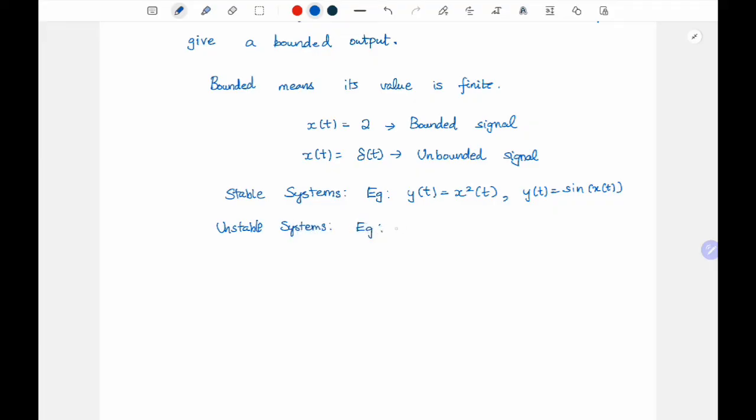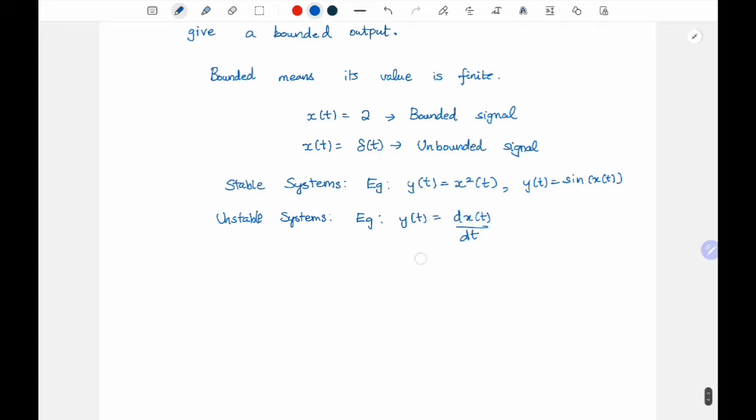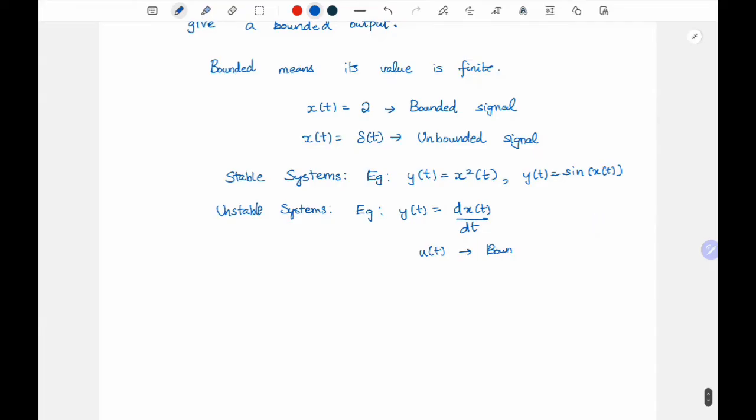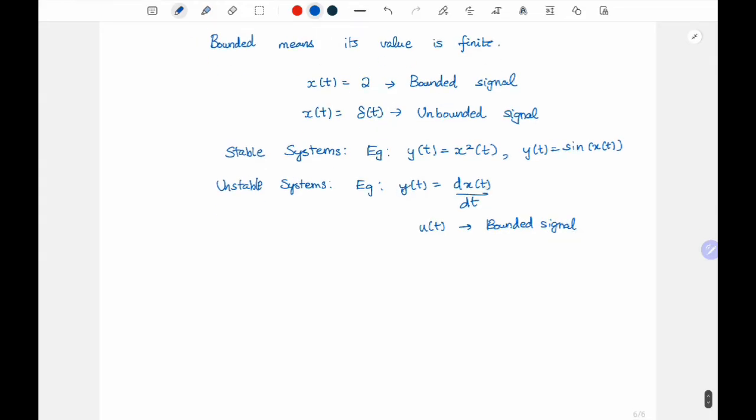Then we'll also see some unstable systems. One example is y of t equal to dx of t by dt. If you take u of t, it is a bounded signal, right? Because its maximum value is 1, and for t less than 0, it is 0. So this is a bounded signal. Now, if you differentiate u of t, what do you get? du of t by dt is delta of t.